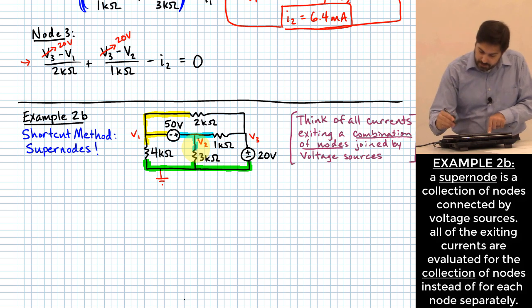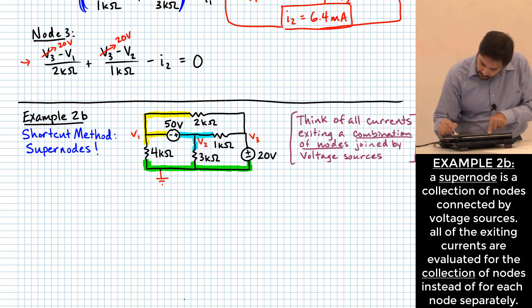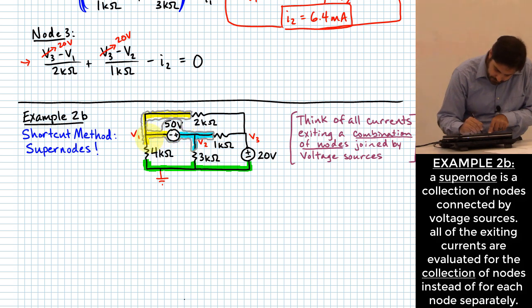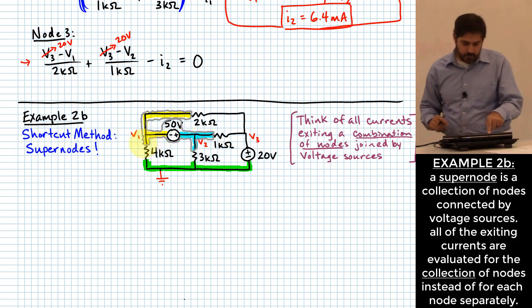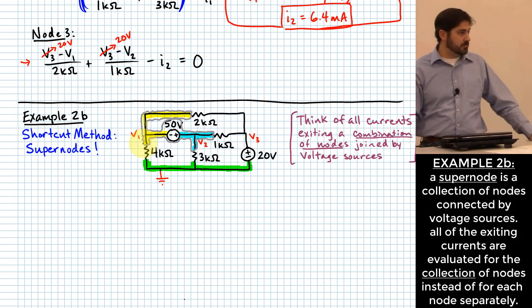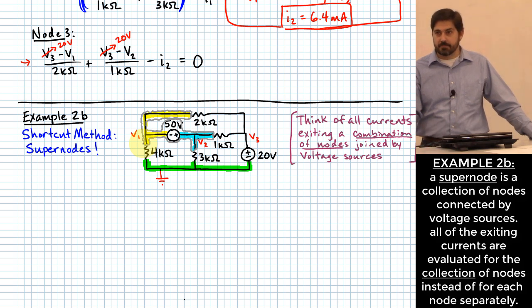So here's what you do. You say, all right, I'm going to treat all of that as if it's one giant node. So all of this plus all of this. Everything in that gray, I'm going to act like that's one node with respect to writing my KCL equations.